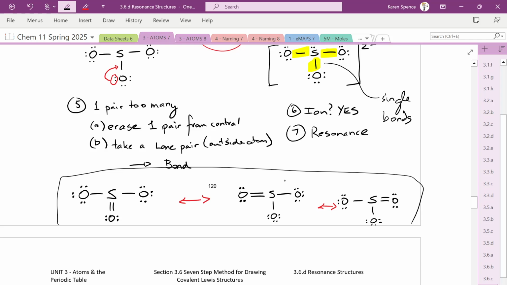All the bonds in here, what kind of bonds do we have in there? We have 1 and a third bonds. Who's the longest kind of bond? Single, double, or triple? Single is the longest. So if we have 1 and a third, will it be longer or shorter? Shorter. Okay.